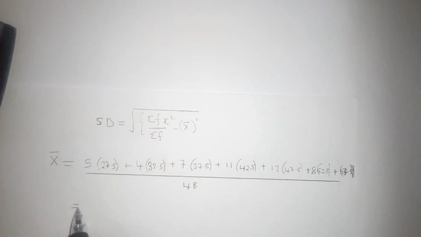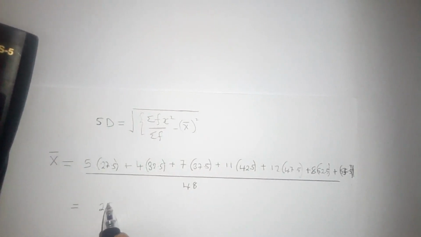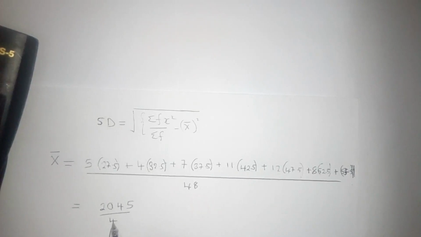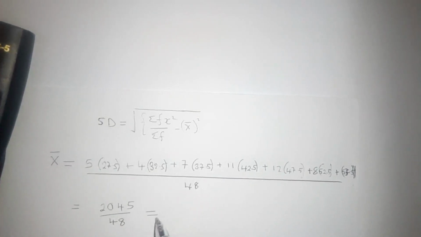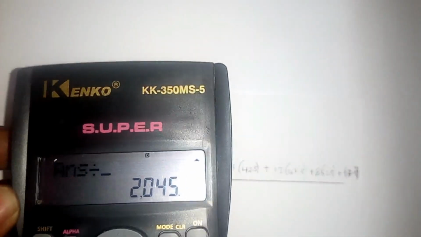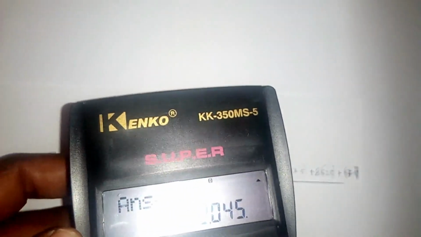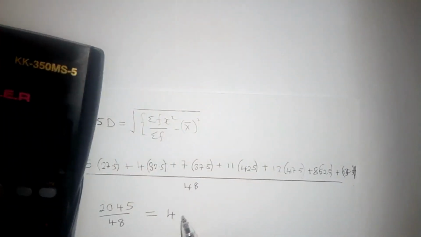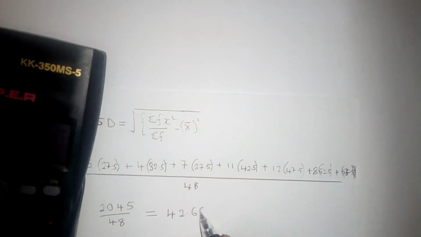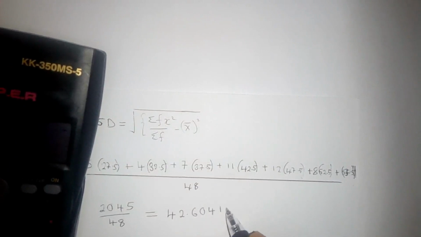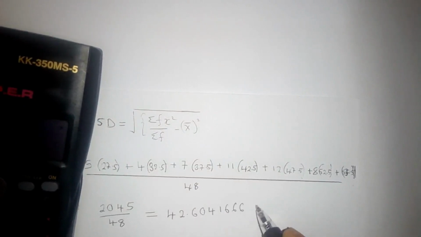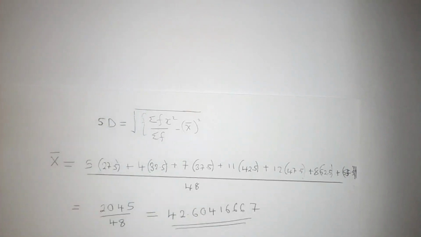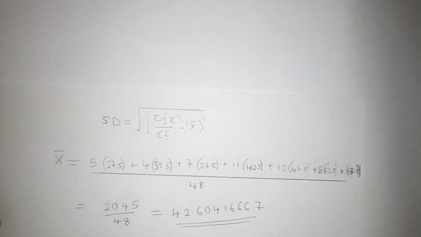So you can write here 2045 over 48, which is equal to 42.604166667. So this is our mean. We have managed to find our mean.